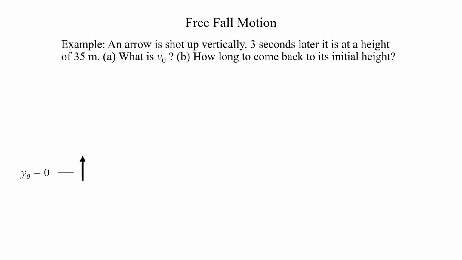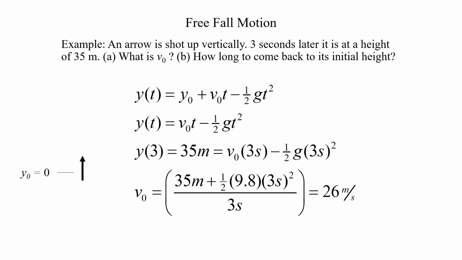Well, we're given a position after 3 seconds, so we can just use the kinematic equation of the position as a function of time. We're given the time and the position, and from there we can find the initial velocity. So y equals y naught plus v naught t minus 1/2 gt squared.